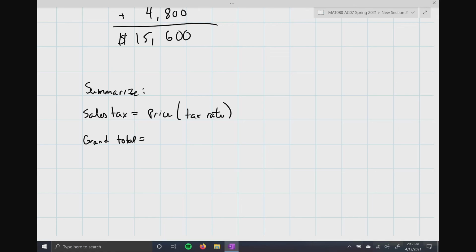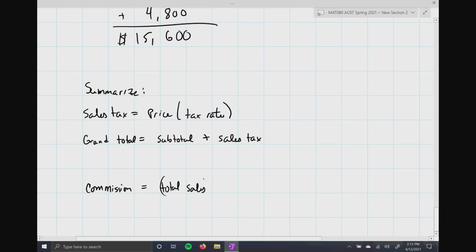So the grand total is going to equal your subtotal plus the sales tax. Commission equals sales or total sales times the commission rate. Okay?